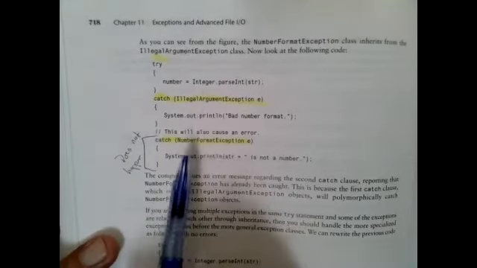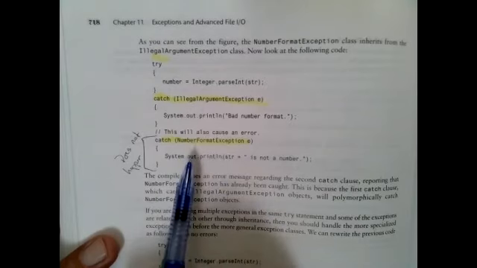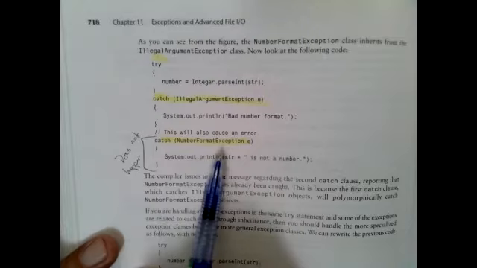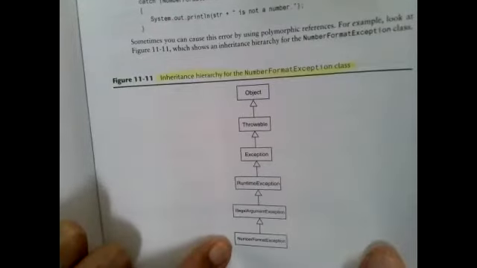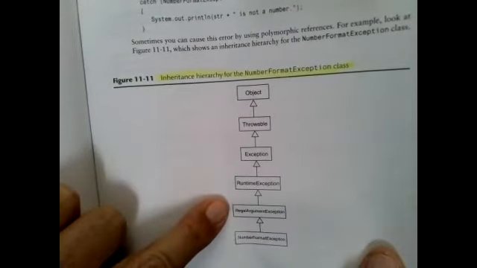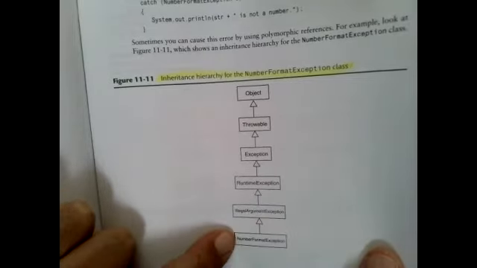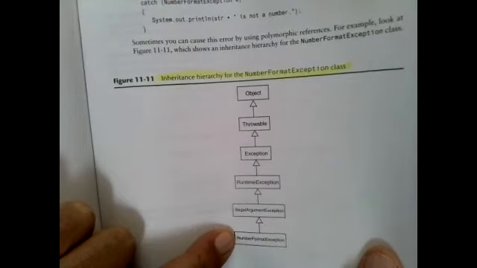Now, the order of these does, in fact, matter, because we're never going to get to number format exception. Illegal argument is here, number format exception is here. So if I want to catch the more specific first, I have to list it first.